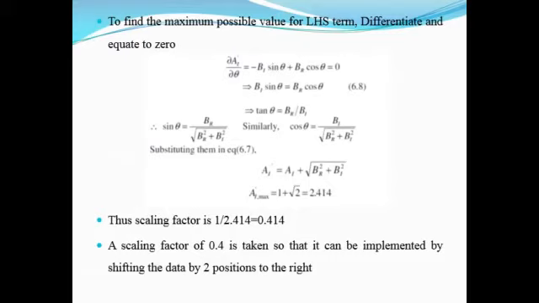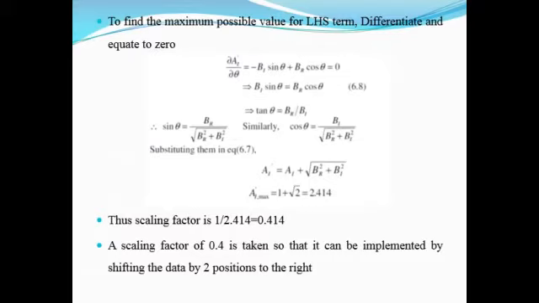So dAI dash divided by d theta is equal to minus BI into sin theta. So cos theta is differentiated and we obtain minus sin theta. Here sin theta is differentiated to get cos theta, and this has to be equated to 0. If I equate this to 0, this term can be transferred to the right hand side of the equation. So BI sin theta will be equal to BR cos theta.